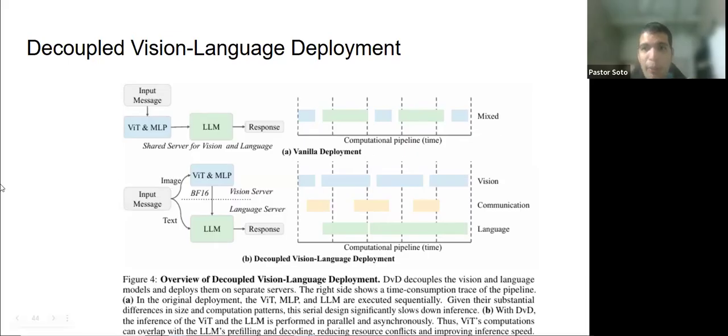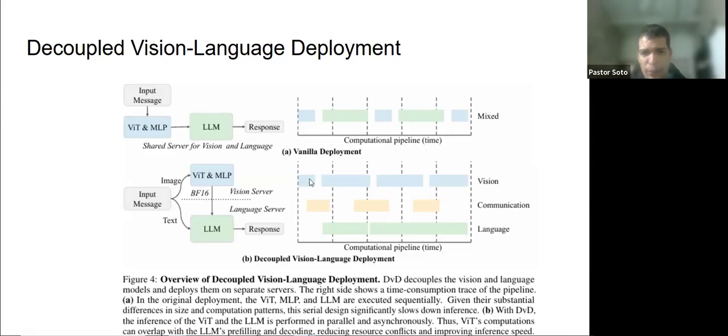So what they did is a more efficient way of doing this by separating the vision from the language. You put your image and say, describe this image. The text goes to the LLM and the image goes to the vision model. They have a connector, but both are different servers with their own GPUs, and you don't share environment between the language and the vision.